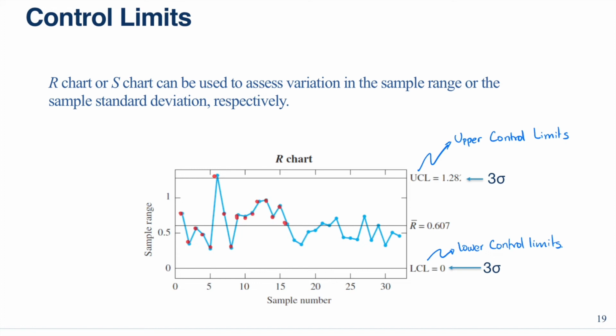Now this line corresponds to the mean, this line corresponds to the UCL or upper control limit, and this line corresponds to the lower control limit, and they correspond to 3 times the standard deviation distance from the mean. So saying that our values are in between is saying that they are in control.